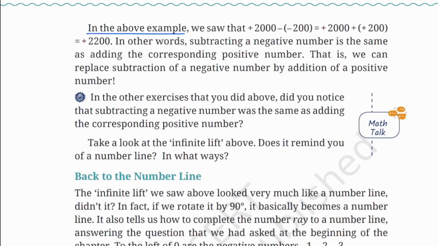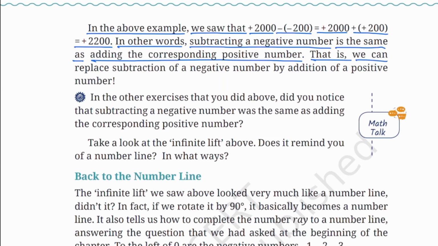In the above example, we saw that plus 2000 minus minus 200 is equal to plus 2000 plus 200, which is equal to plus 2200. In other words, subtracting a negative number is the same as adding the corresponding positive number.